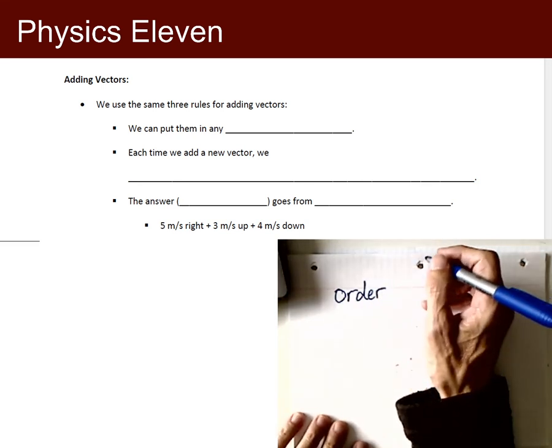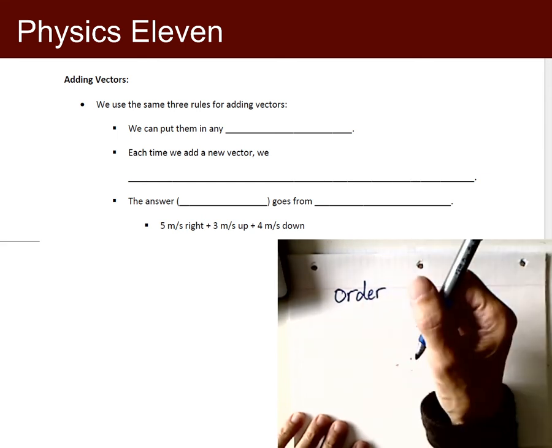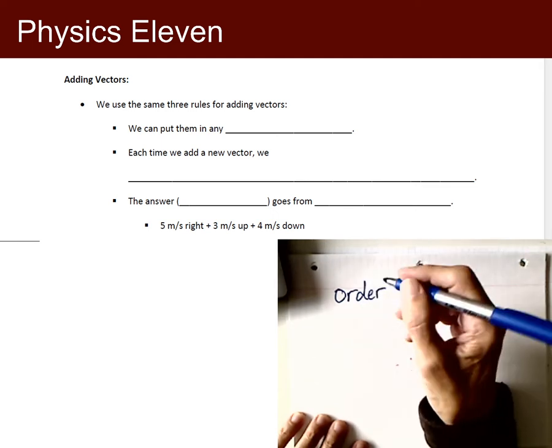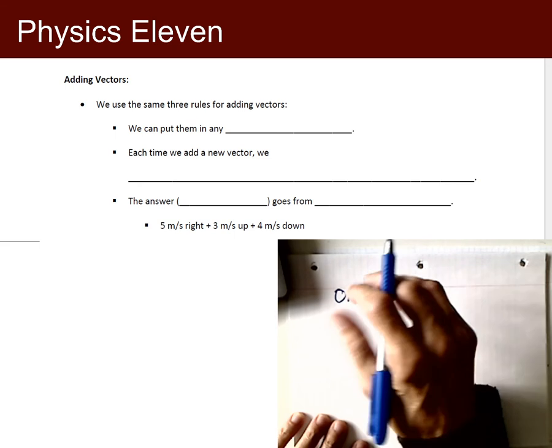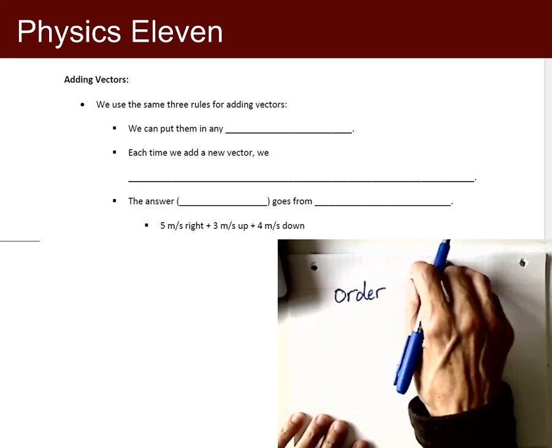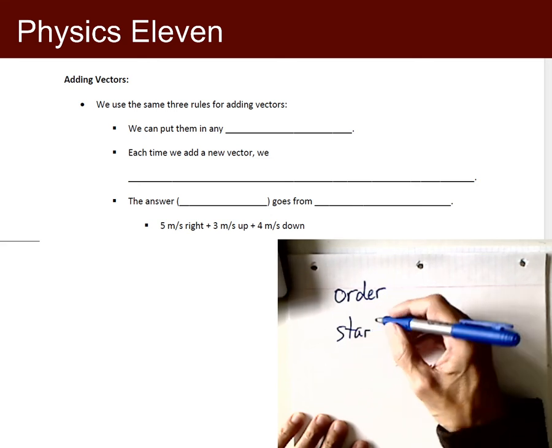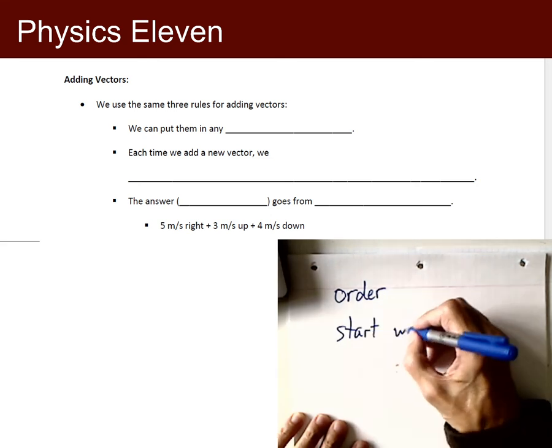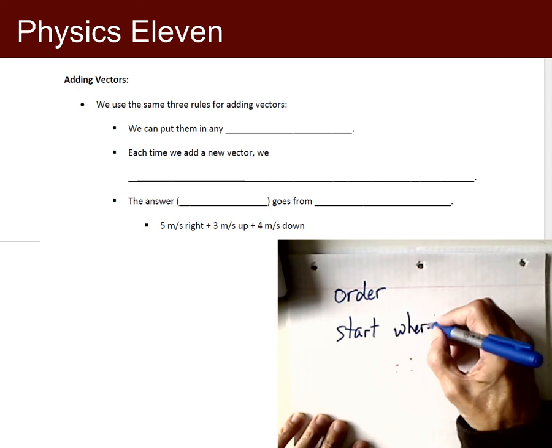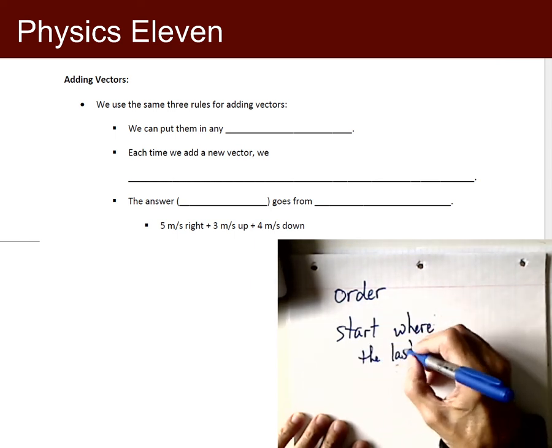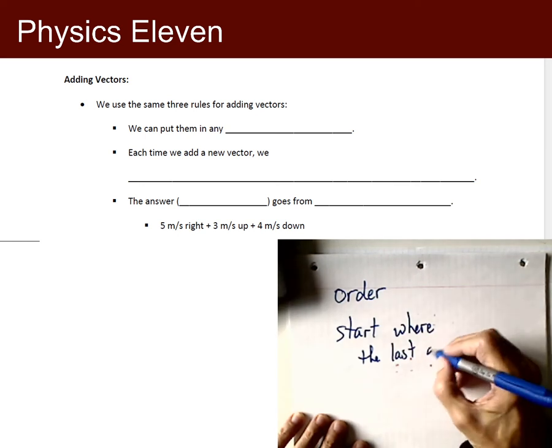Just like numbers, we can always add a new one, and continue on from where the last vector or vectors left us. So what we can do is start where the last one left us.